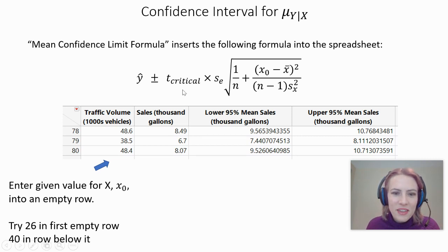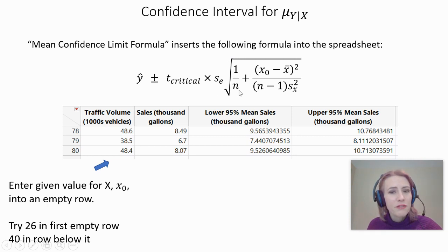The formula is rather elaborate. It's a type of t interval, though, so there's a t critical value that's based on the confidence level. You notice, though, that they were curves. They weren't straight lines. That unique shape is made possible by this somewhat complex equation here.